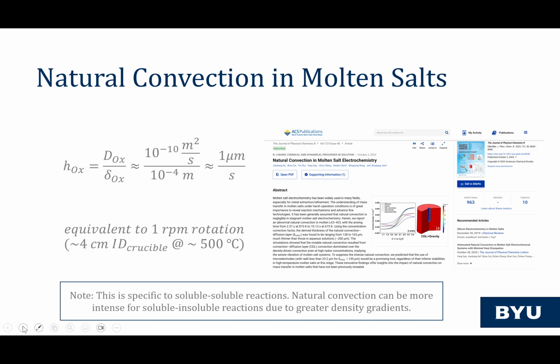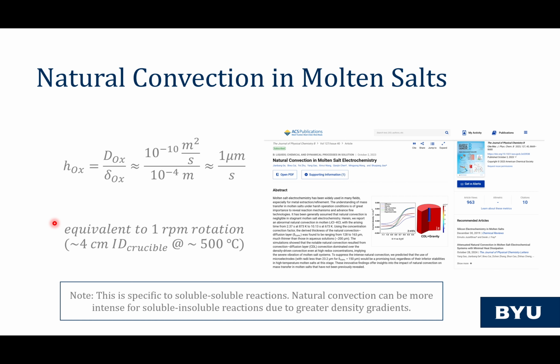So there's a very interesting paper that's come out recently on natural convection in molten salts. So molten salts, these are experiments done in furnaces, and so there's actually thermal gradients, density gradients because of that, and it leads to some mass transfer coefficients on the order of a micrometer per second, which is equivalent to a one rotation per minute rotation with a rotating disc electrode.